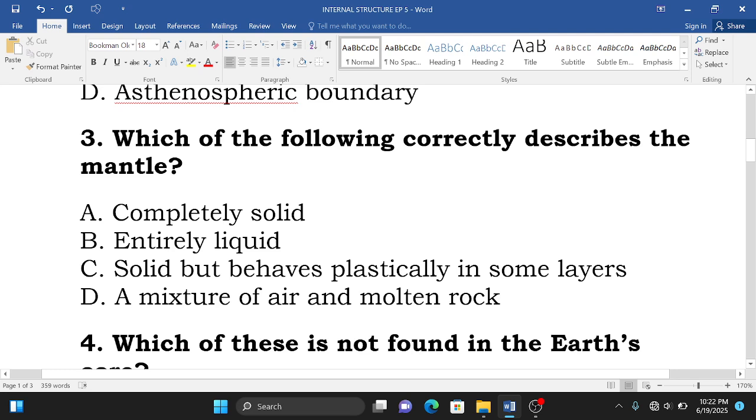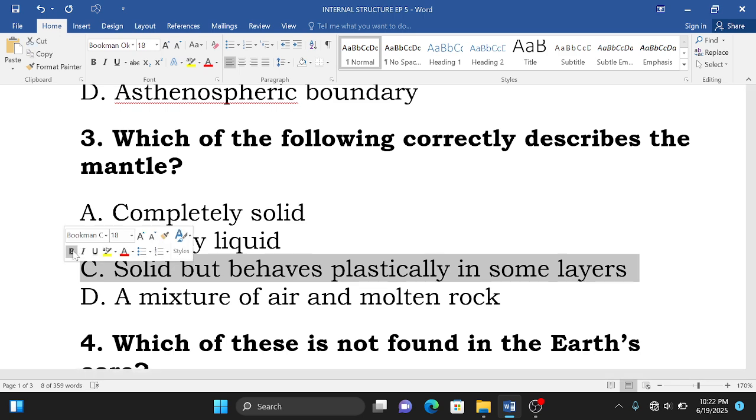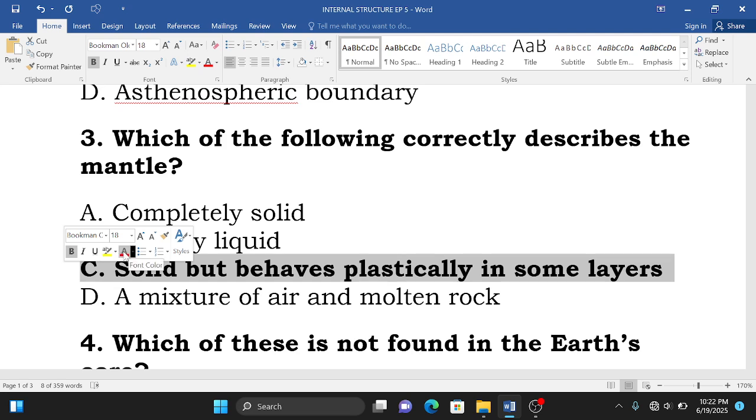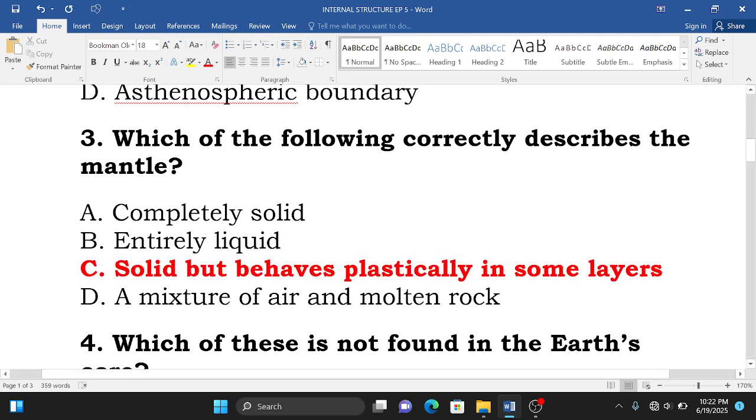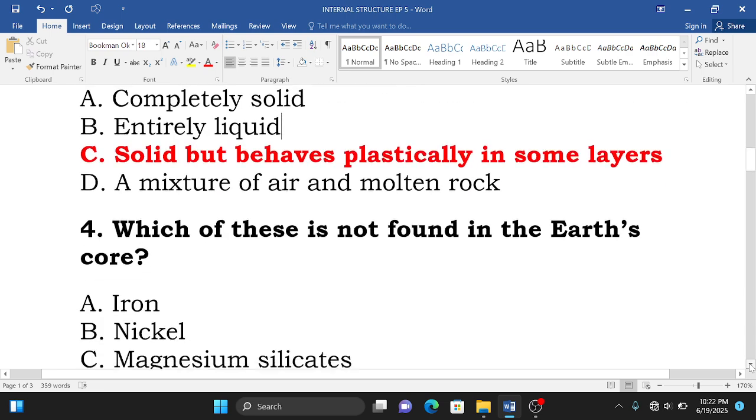D. A mixture of air and molten rock. So the correct answer is C. It is solid but behaves plastically in some layers, as we have seen in the other episode we talked about. We go to the question number 4.